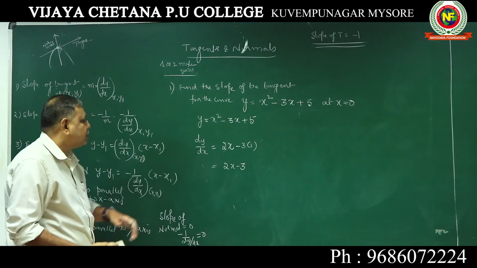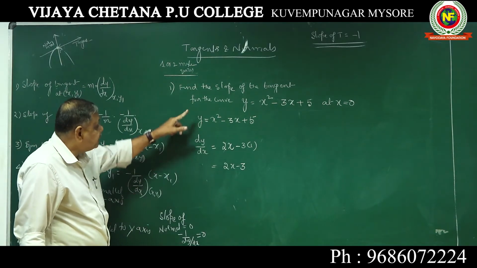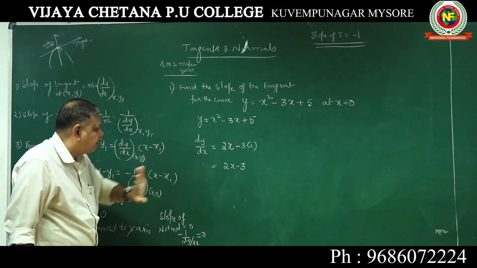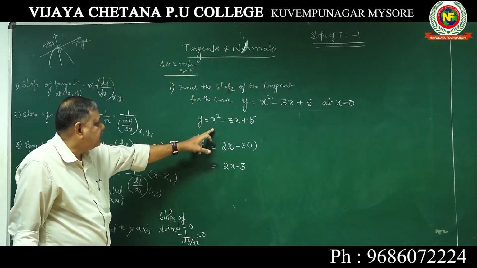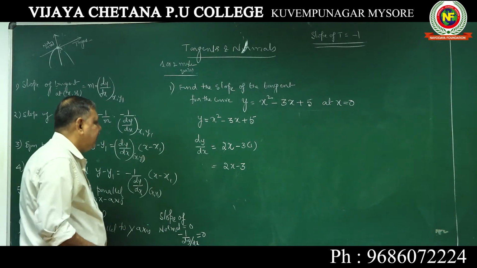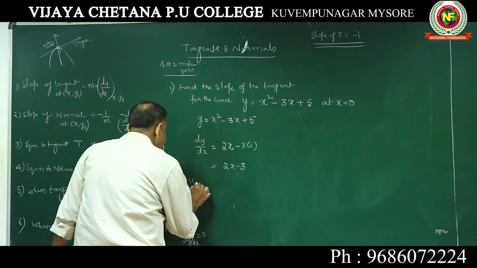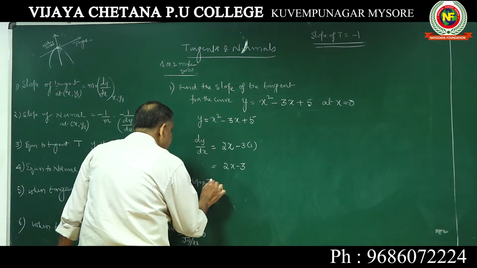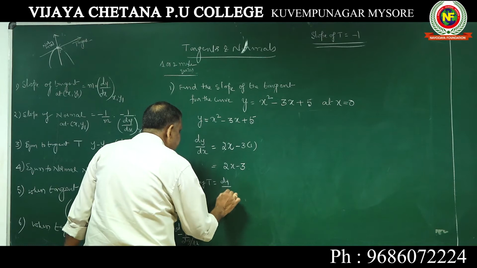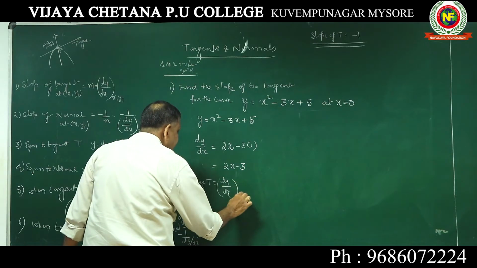This is your slope, but not the slope of the tangent at that particular point. It is only the slope. You got the differentiation 2x minus 3, but the slope of the tangent is dy by dx at that particular point, x equal to 0.